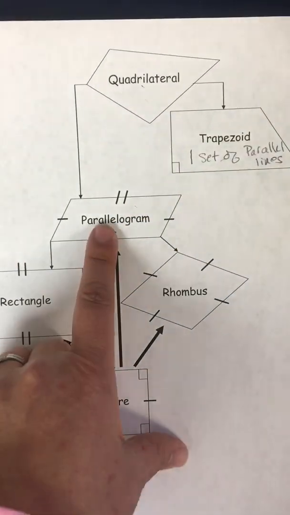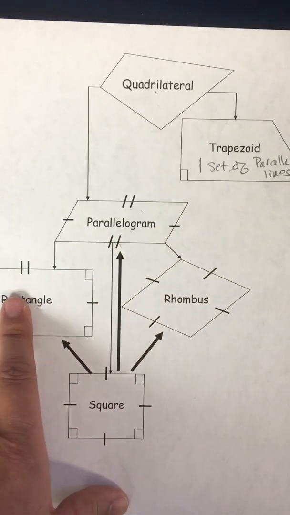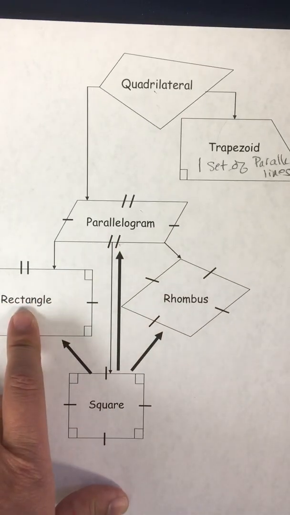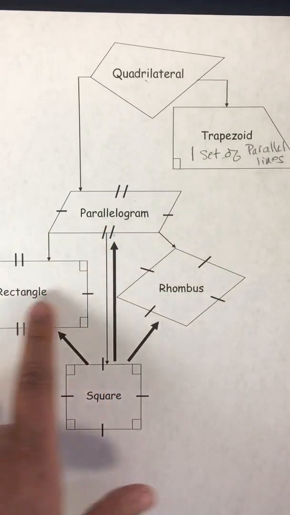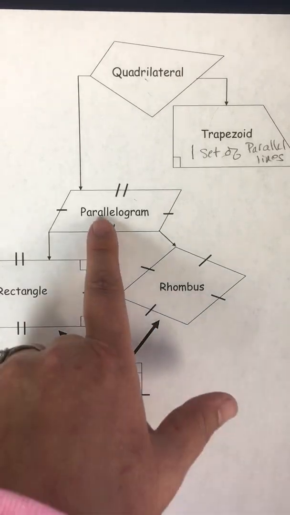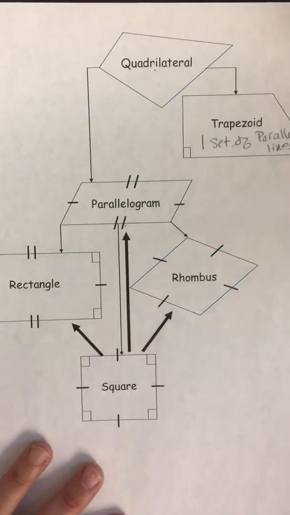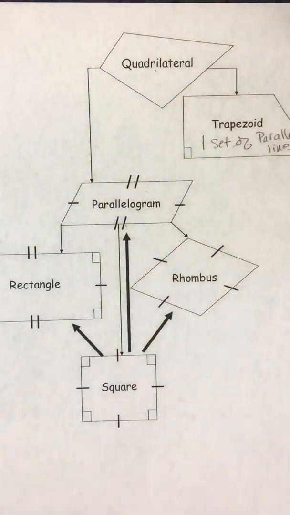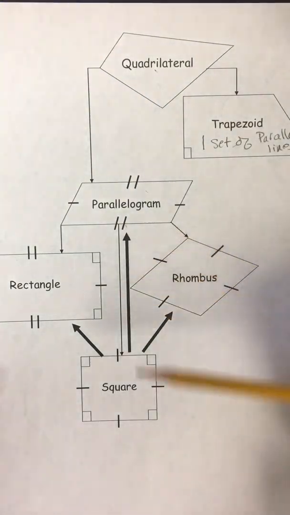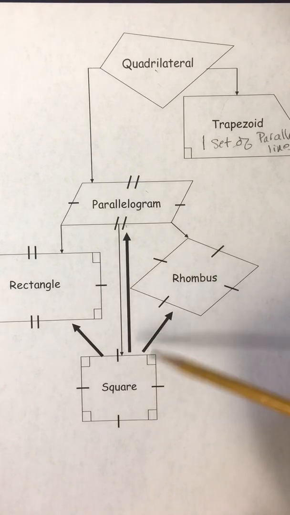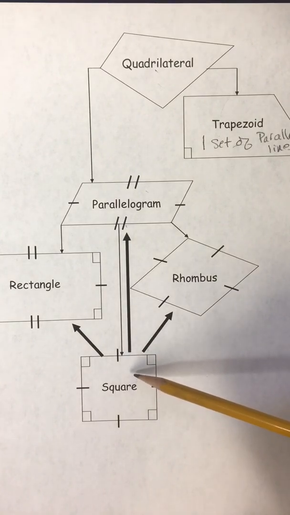So we're going to start here. All of these are parallelograms. So anything that's underneath it, a rectangle, a rhombus, and a square is a parallelogram. And the way that I teach my students to define all the names of a shape, and we just talked about now, the square is something special, okay?